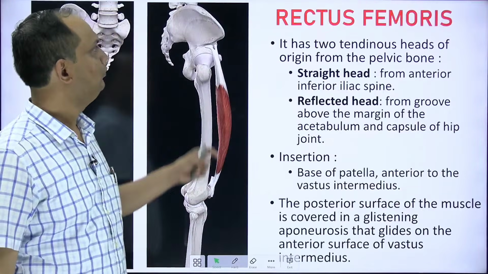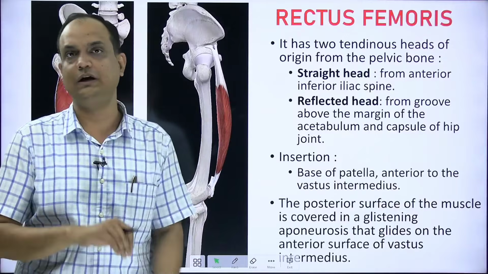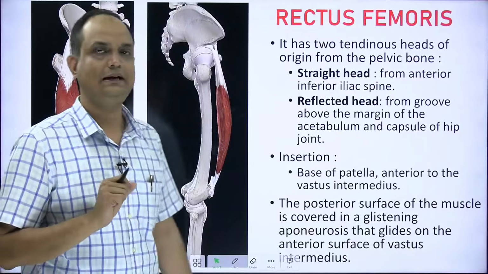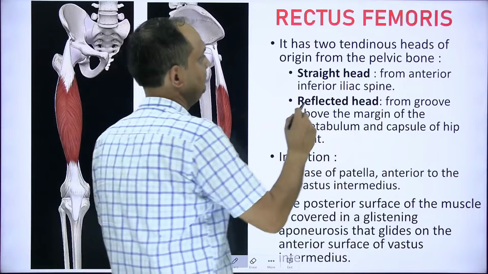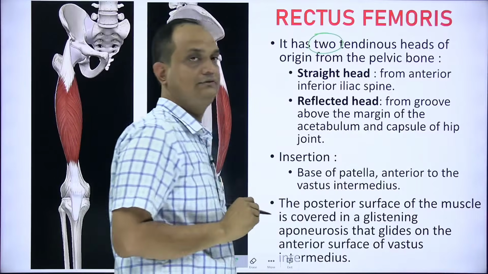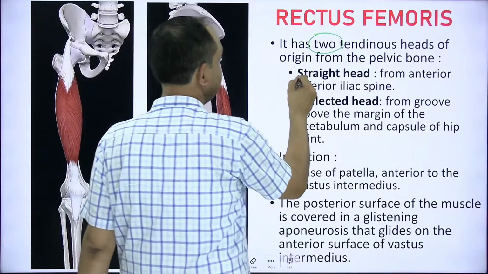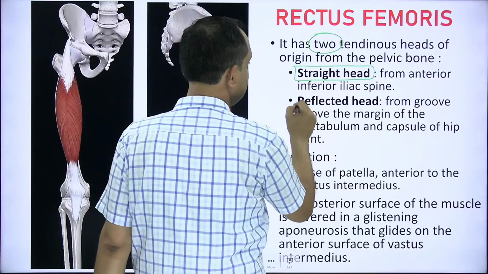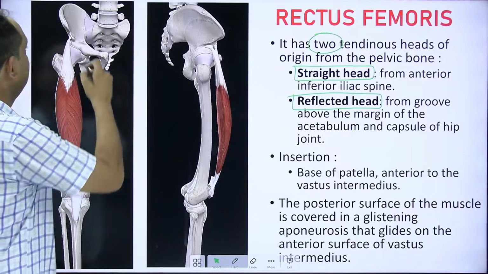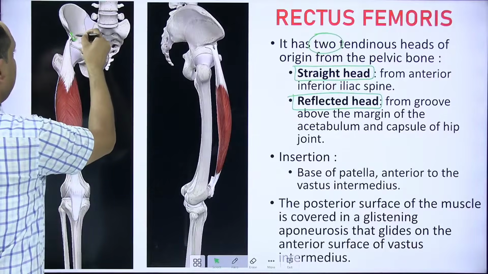Now, what about the rectus femoris? Again, we will see the origin and insertion of this muscle first. The rectus femoris arises with the help of 2 heads. There are 2 tendinous heads of the rectus femoris: one is known as the straight head, another as the reflected head. The straight head comes from the anterior inferior iliac spine.